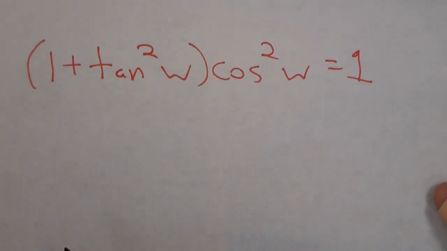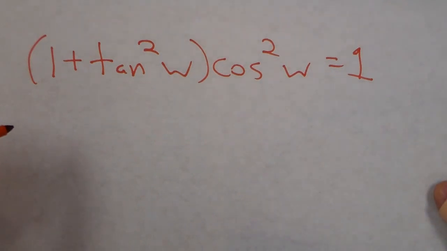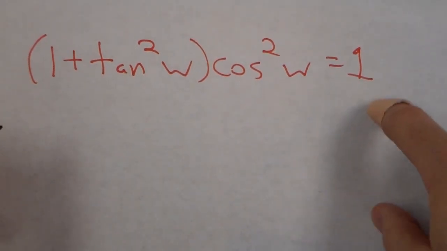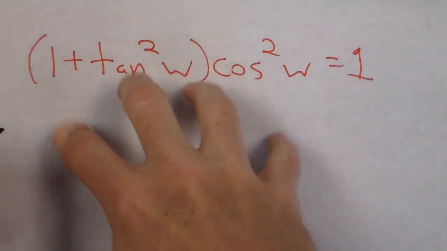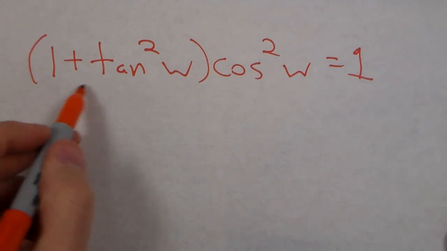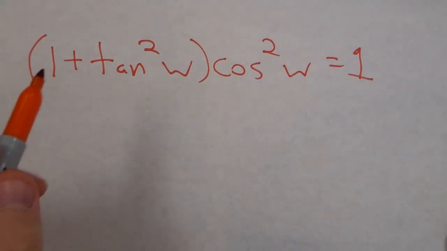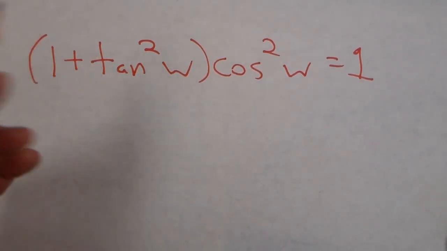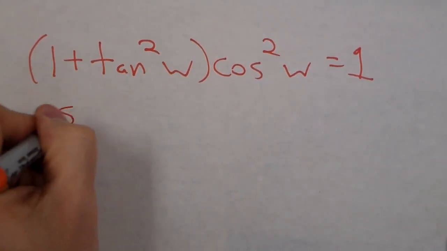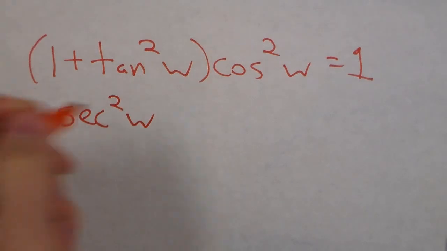Okay, next one, let's go to 1 plus tangent squared w times cosine squared w equals 1. Our goal is to get 1. We do not want to take 1 and make it into this. Our goal is to take this side and turn it into 1. So first thing I see is 1 plus tangent squared w. That is a squared, it's adding 1. If I go look at my Pythagorean identity, it actually tells me that this is equal to secant squared w.